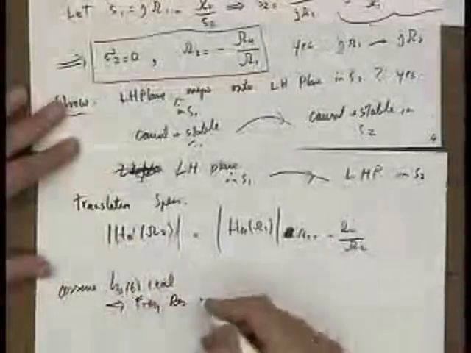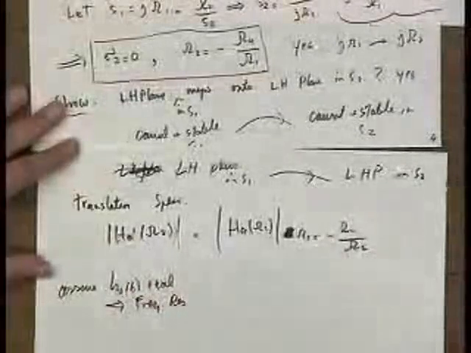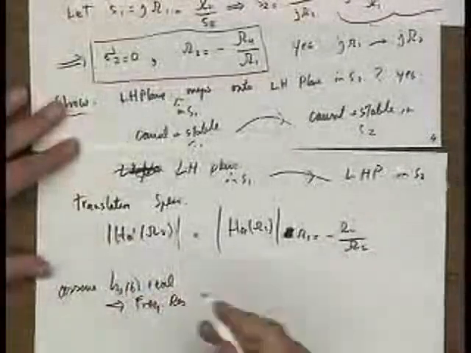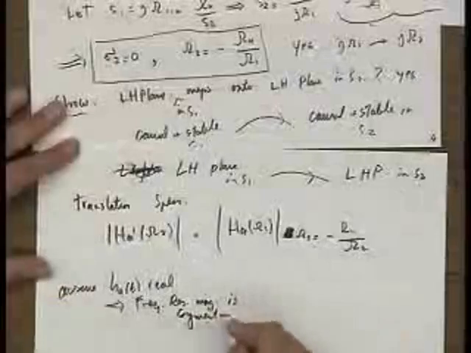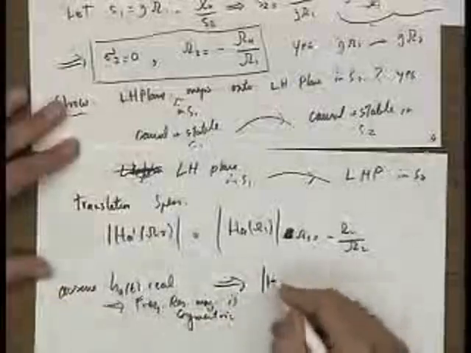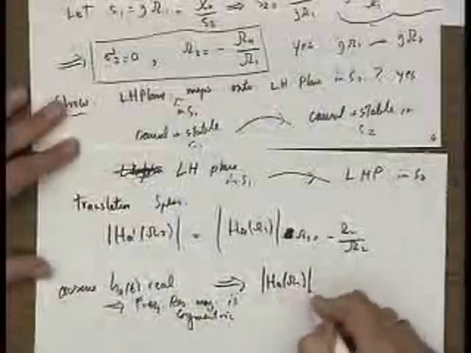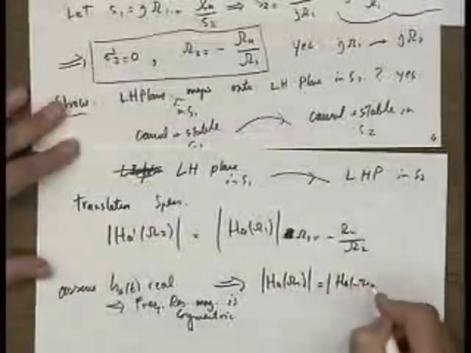But to get rid of this negative sign, I'm just going to play a little bit of a trick. I'm going to assume that h sub a of t is real. That means the magnitude of the frequency response is symmetric. What that means is that h sub a of omega 1 is equal to h sub a of minus omega 1.